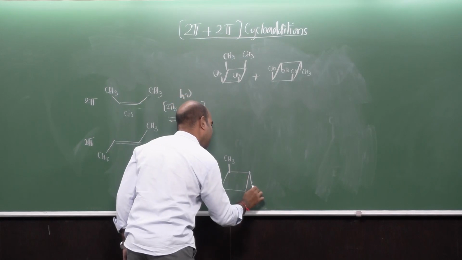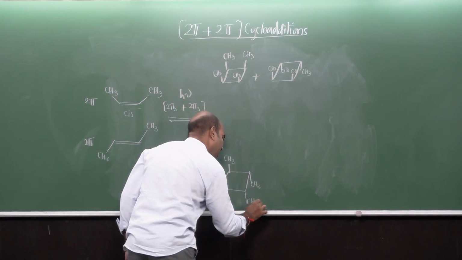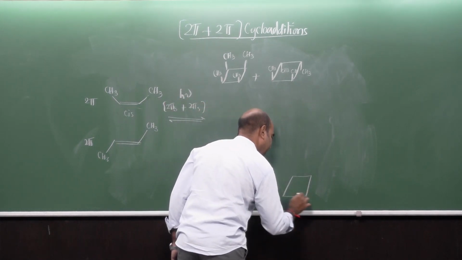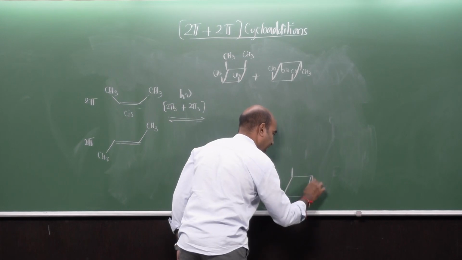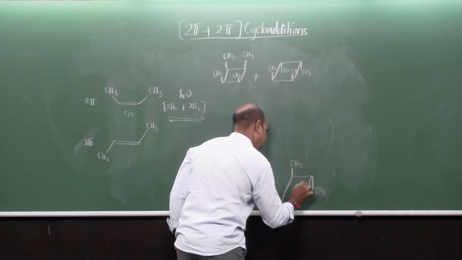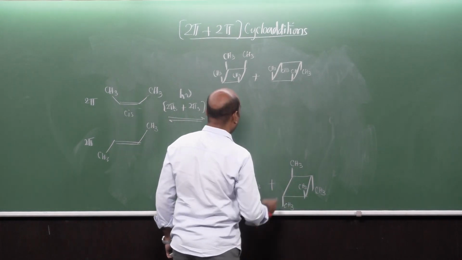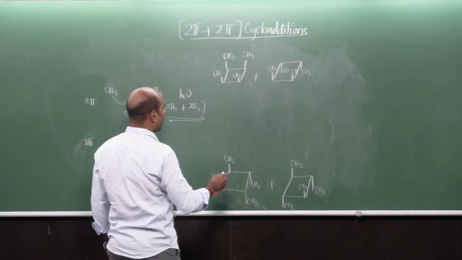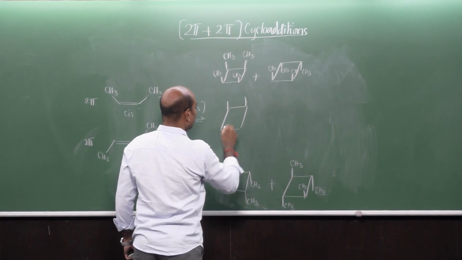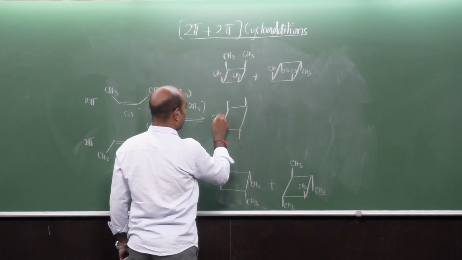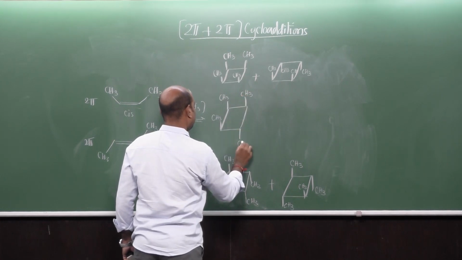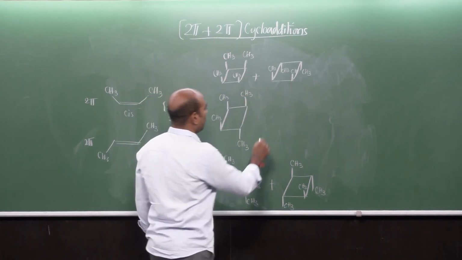So, because of trans 2-butene, as seen in the previous case, you will be getting these products. Along with these two sets of products, you will also be seeing this one, plus this.